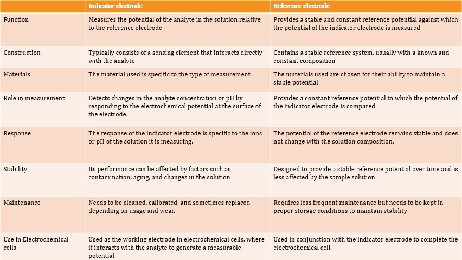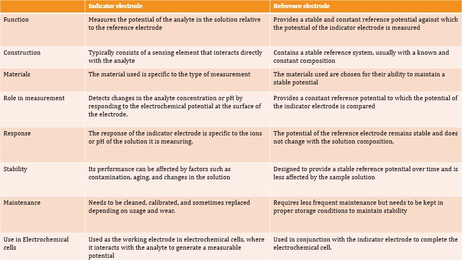The indicator electrode needs to be clean, calibrated, and sometimes replaced depending on how it's being used. While the reference electrode requires less frequent maintenance but needs to be kept in proper storage conditions to maintain stability.